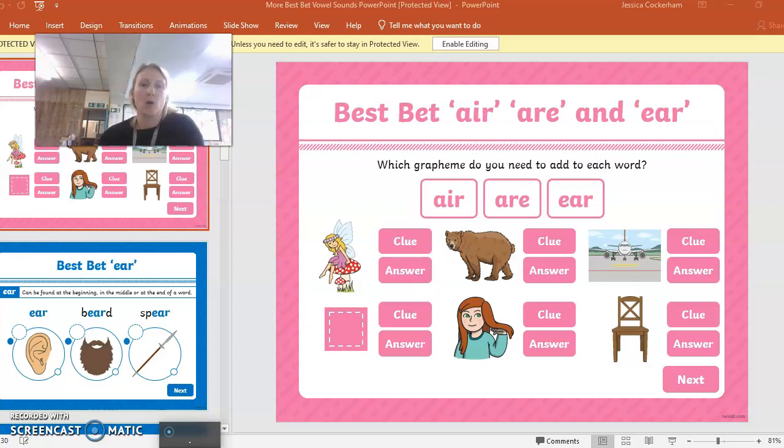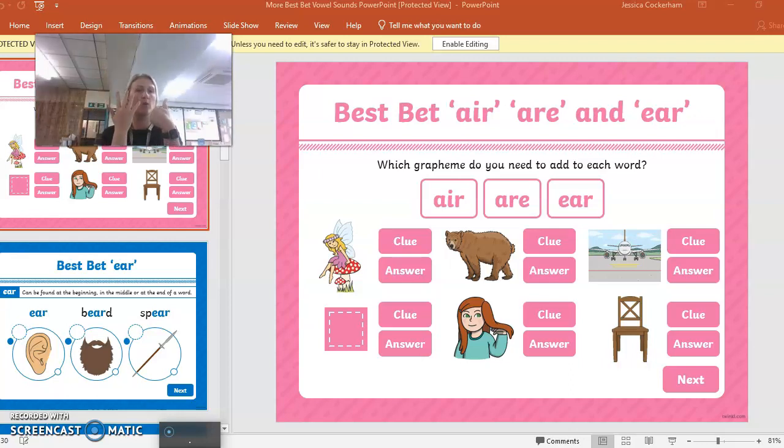The fairy went to the airport. If you want to extend that sentence, you could write, the fairy went to the airport and got on the aeroplane. That's an extra one to include, okay? The sentence is, the fairy went to the airport.